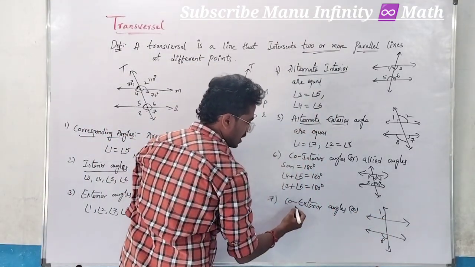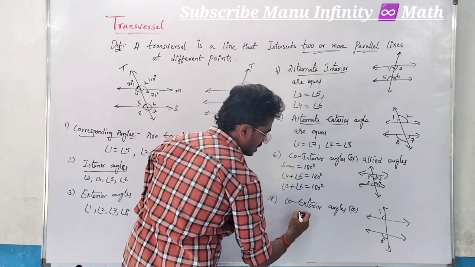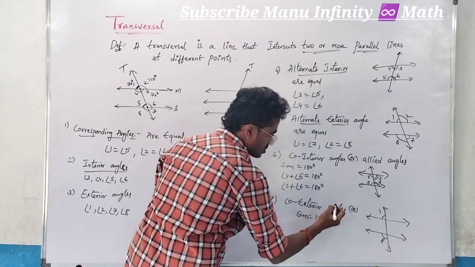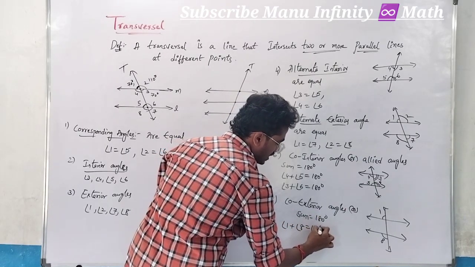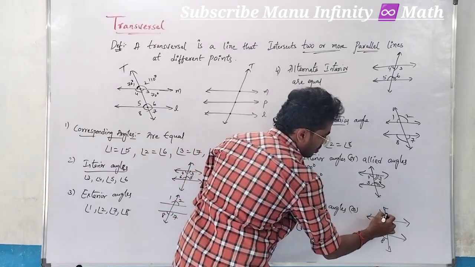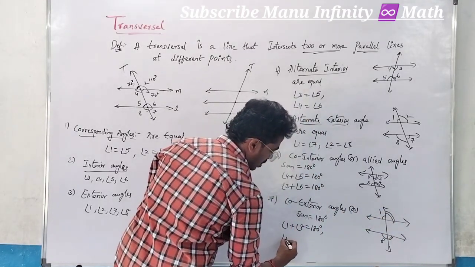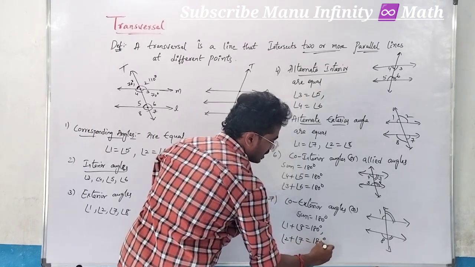So I can write, co-exterior angles sum should be equal to 180 degrees. So angle 1 plus angle 8 should be equal to 180 degrees. What is the other pair? Angle 2 and angle 7. So angle 2 plus angle 7 is equal to once again 180 degrees.